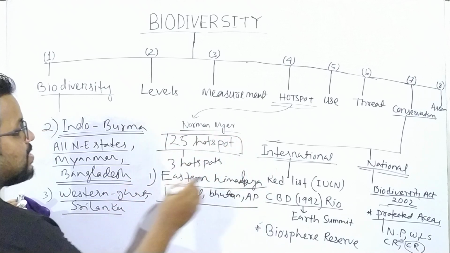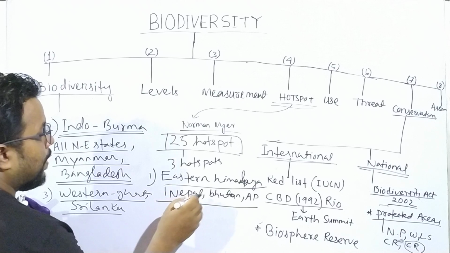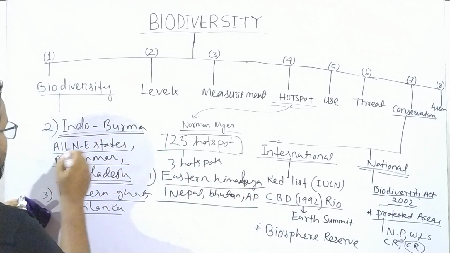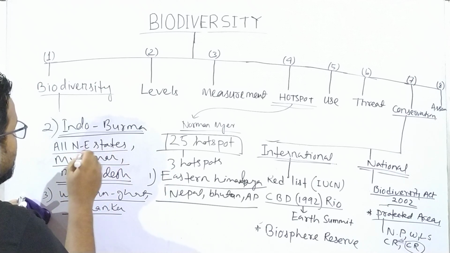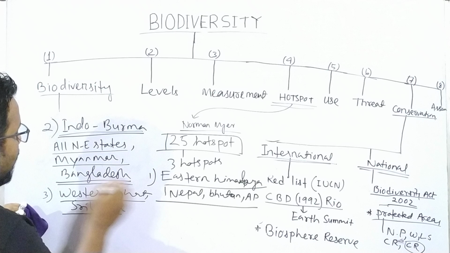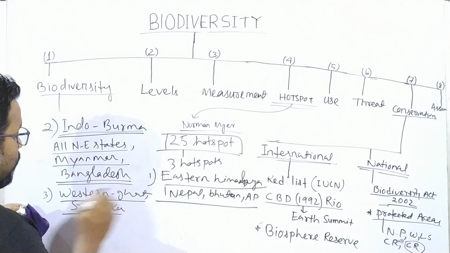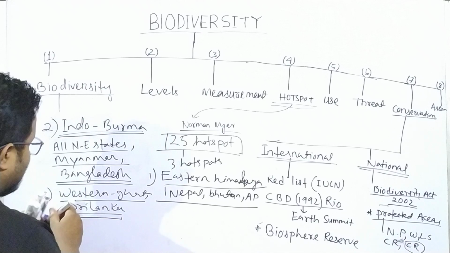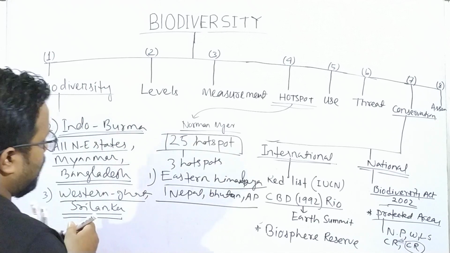Number 1 is the Eastern Himalaya, which includes Nepal, Bhutan and Arunachal Pradesh. Number 2 is Indo-Burma, which includes all northeastern states, Myanmar and Bangladesh. Number 3 is Western Ghat, that includes Sri Lanka. This is about hotspots.